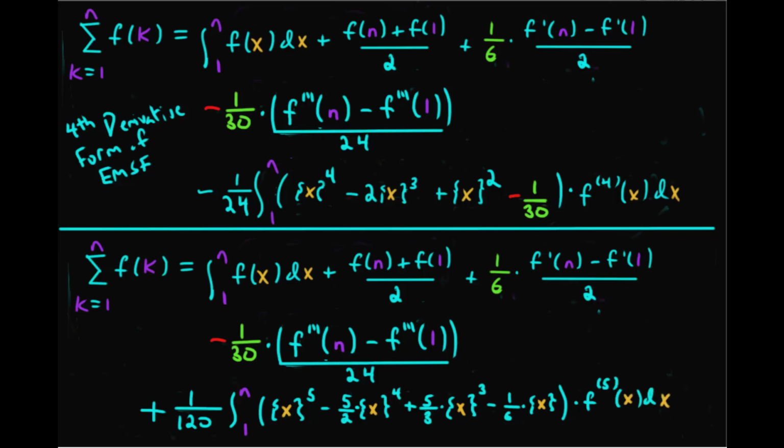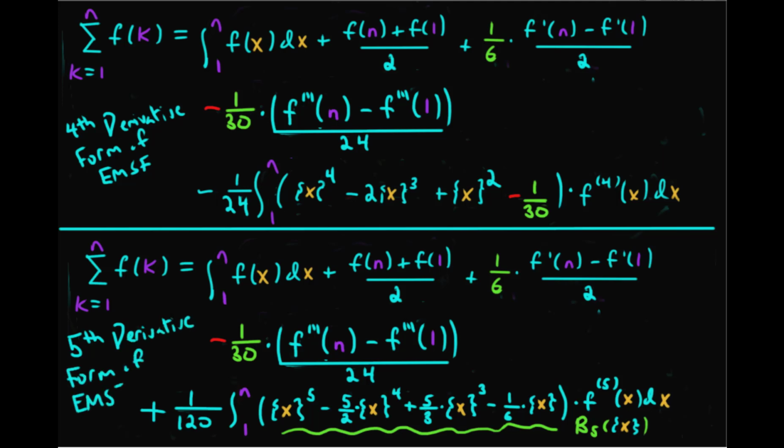And this polynomial expression in the fractional part of x is, of course, B sub 5 of the fractional part of x, the fifth periodic Bernoulli polynomial. And this equation is, you guessed it, the fifth derivative form of the Euler-Maclaurin summation formula with remainder.